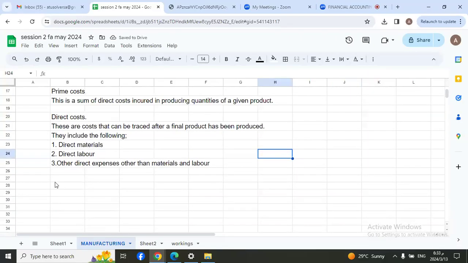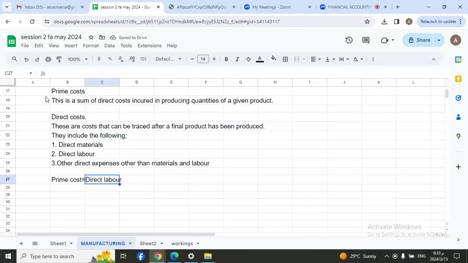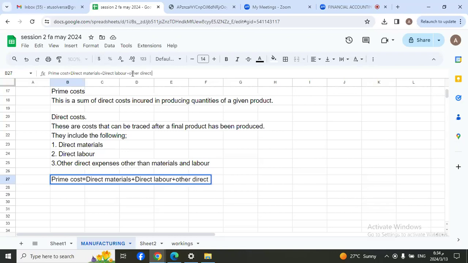That's why we are saying that our prime costs will be equal to direct materials plus direct labor plus other direct expenses other than materials and labor.